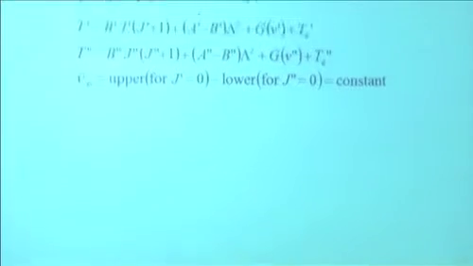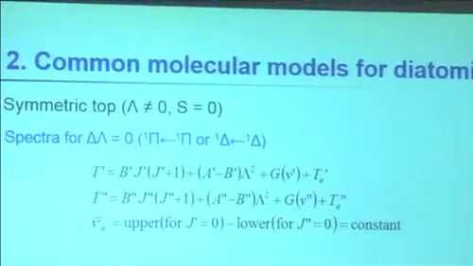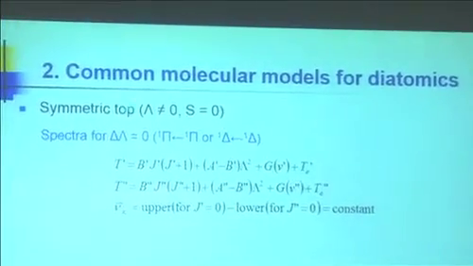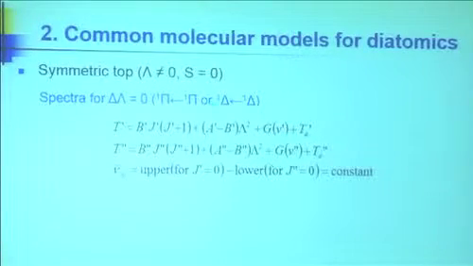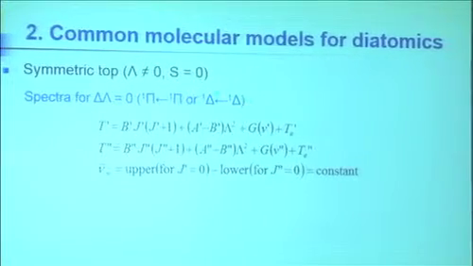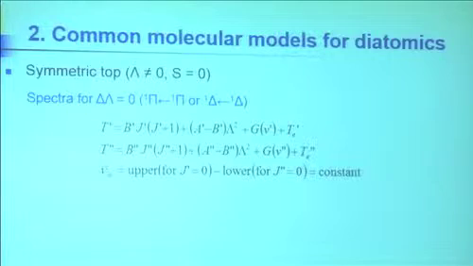Okay, symmetric top. What does the spectra look like? So now, symmetric top means I've got to have lambda unequal to 0. So it's got to be either 1 pi or 1 delta. S is 0, so I can only have singlets. And lambda is unequal to 0, and I'm only allowed to consider right now a 1 and a 2 here. We've already got the expression.